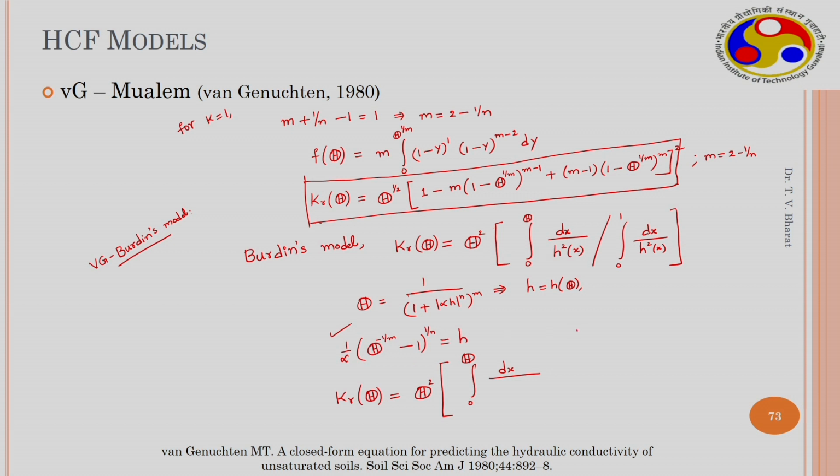Then h is 1 by alpha times, this can be written as 1 minus big theta power 1 by m over big theta power 1 by m. So, this is 1 by h here. This one can be written as 1 minus x power 1 by m, whole squared, dx, I will write it separately here, and this one is x power 1 by m. So, this whole thing needs to be squared.